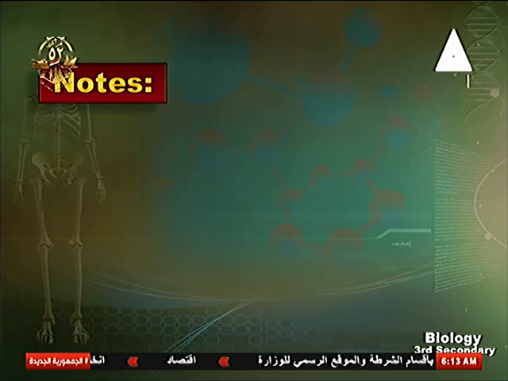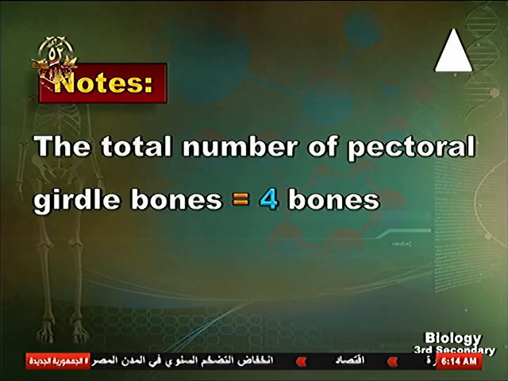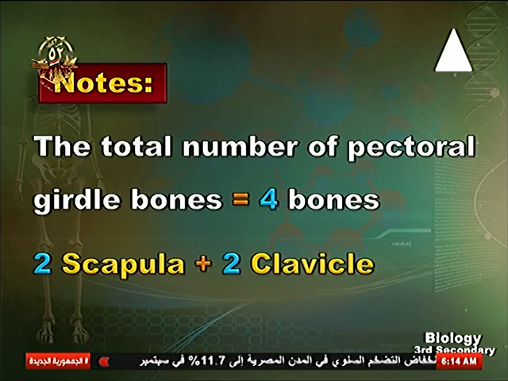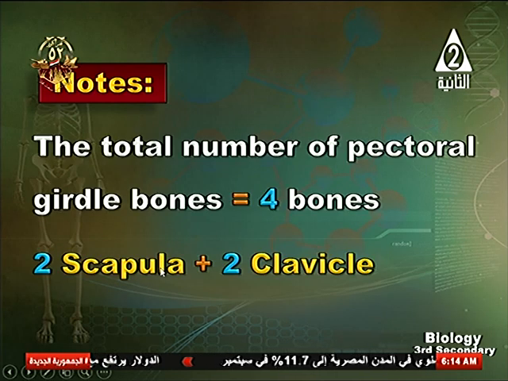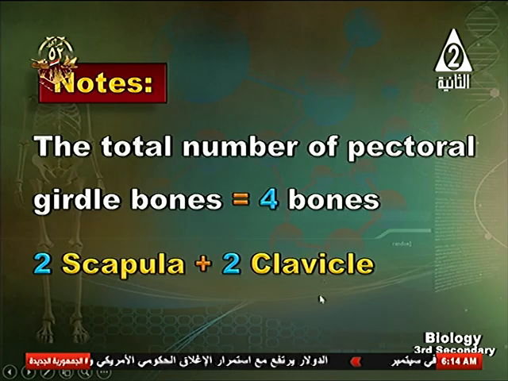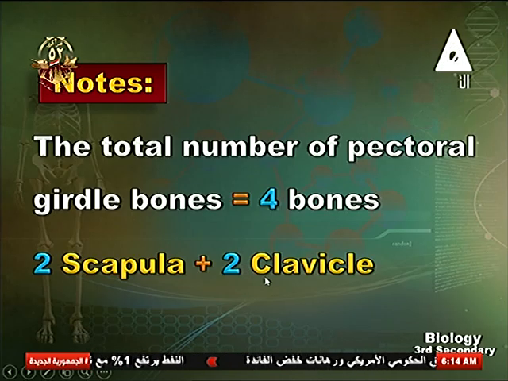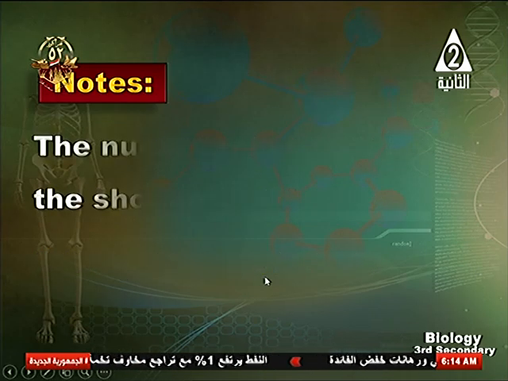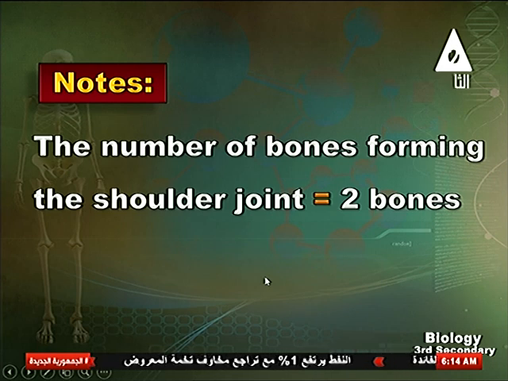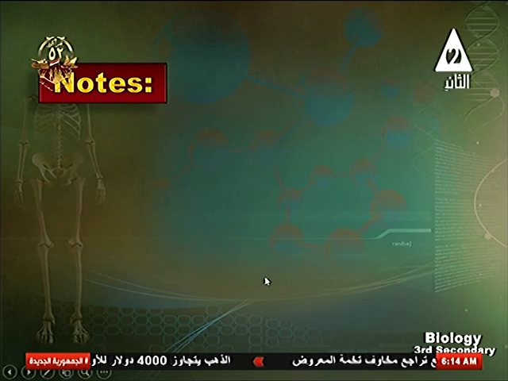Now, let's remember that the total number of pectoral girdle bones is 4 bones: 2 scapulae, 1 on each side, and 2 clavicles, also 1 on each side. The 2 clavicles are connected by the sternum in front of your body, ventral view. The number of bones forming the shoulder joint is 2: 1 scapula and 1 humerus.